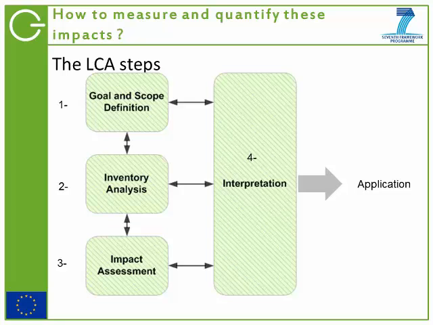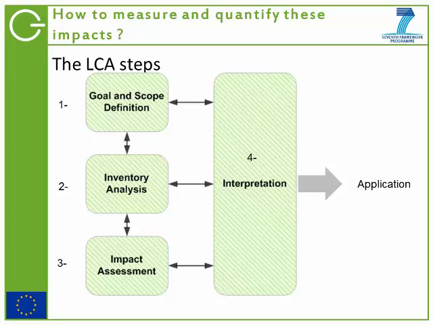Eco-design is concerned with improving product environmental performance over the life cycle. To assess the current state of your product design in terms of environmental performance, we perform what is called a life cycle assessment. This methodology is standardized by the ISO 14040 series and is divided into 4 steps. The first step is the definition of the goal and scope of your study.